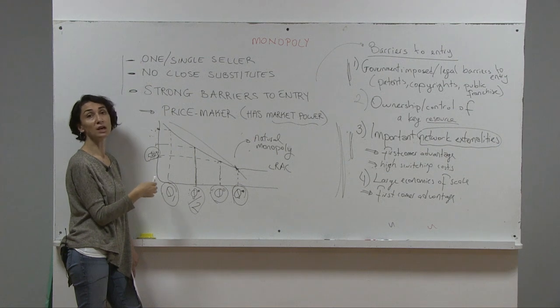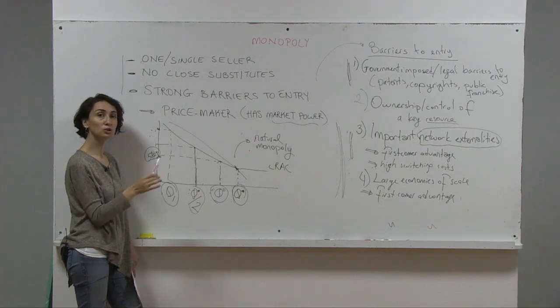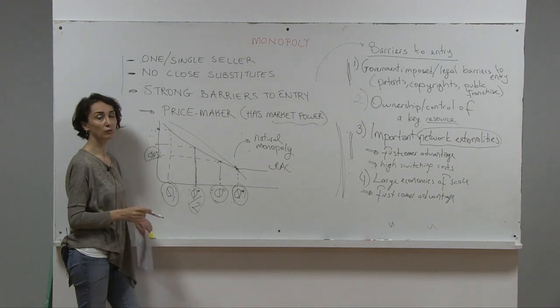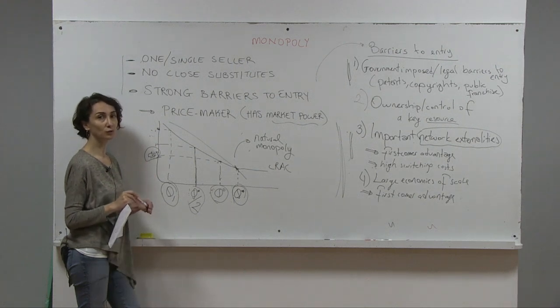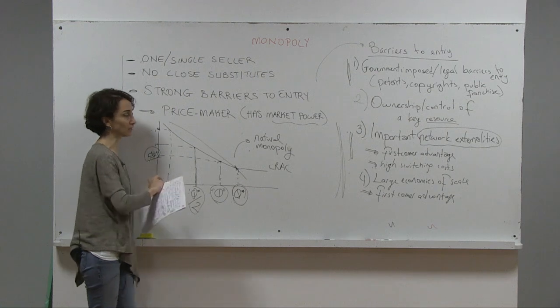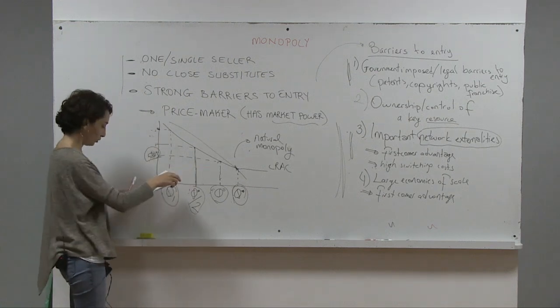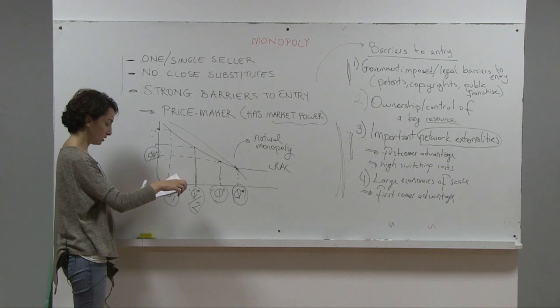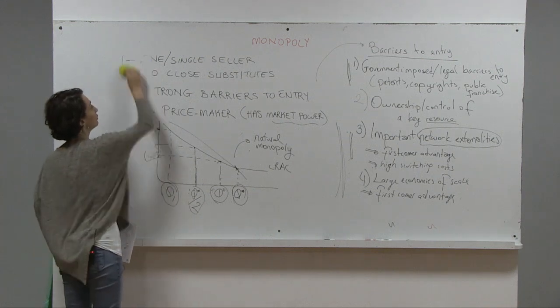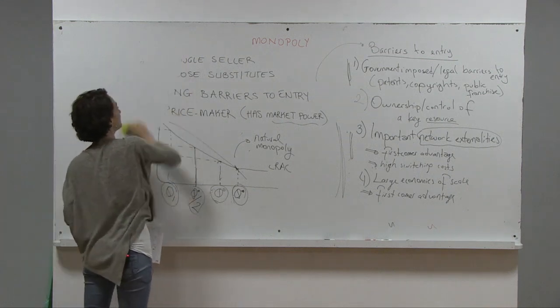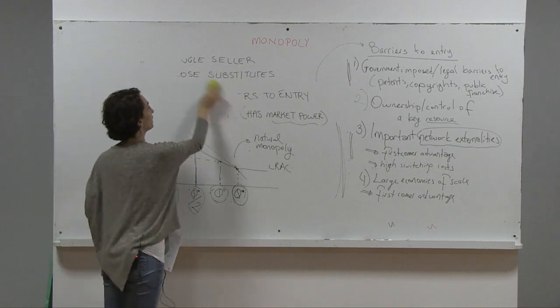The government would say no, you should set a price that is acceptable for the consumer from a social welfare perspective. So these are all the reasons we know that result in strong barriers to entry and monopolies.